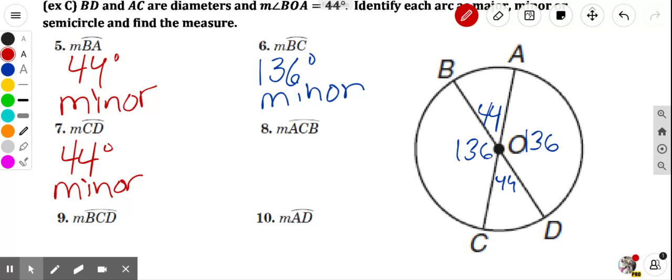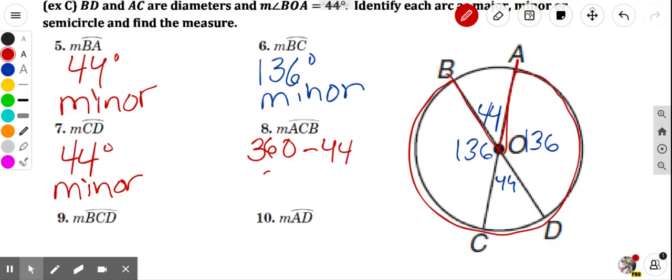So you want to go from A to C and then all the way to B. Okay, so A to C to B. For that one, here's the central angle, which is 44. So we're going to do 360 minus 44, which gives us 316. Since this is bigger than 180, it's a major arc.